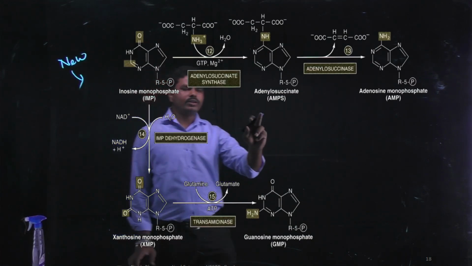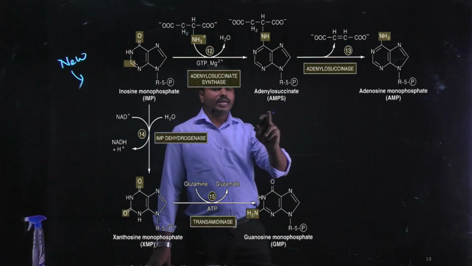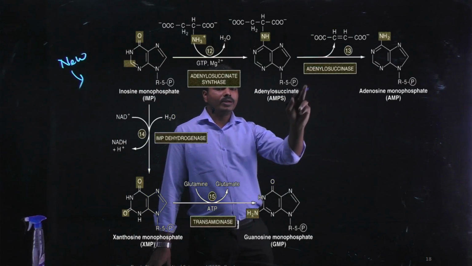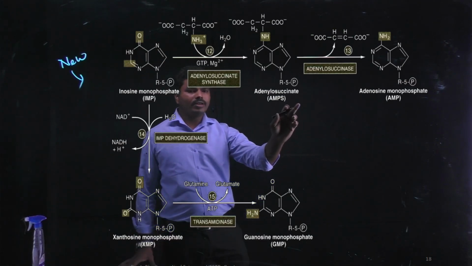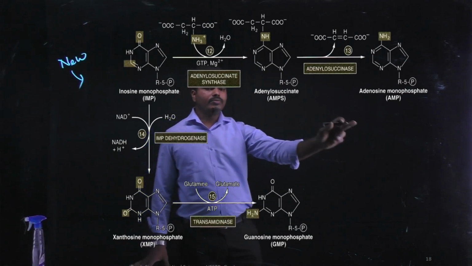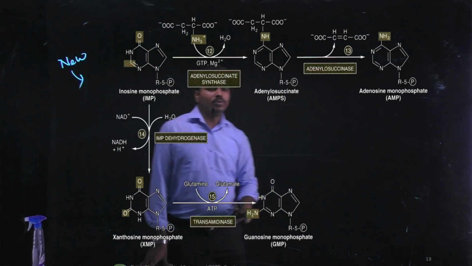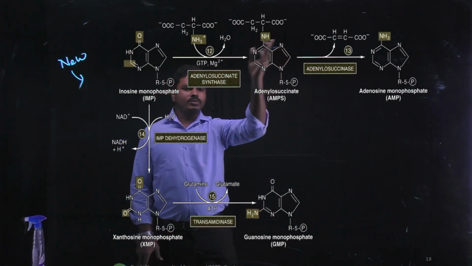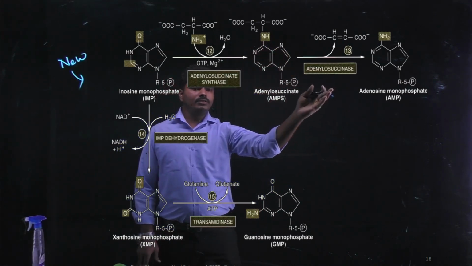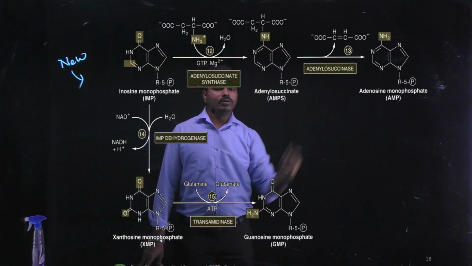Then the adenylosuccinate is cleaved by the catalytic activity of adenylosuccinase, and thereby it is converted into adenosine monophosphate.